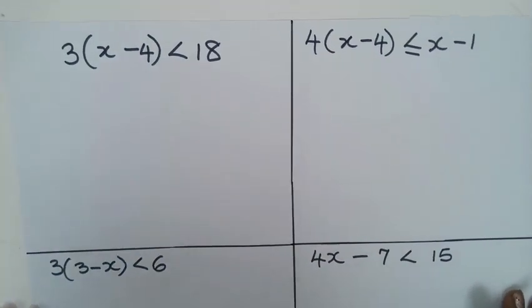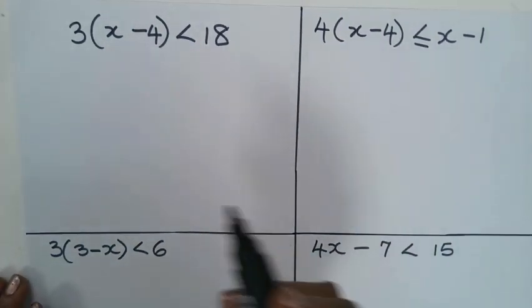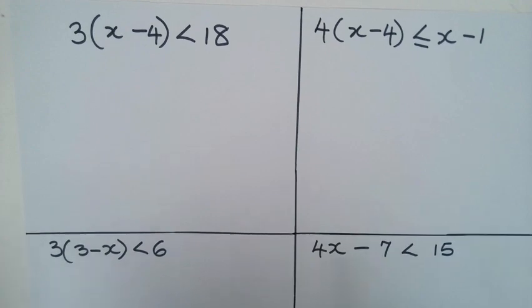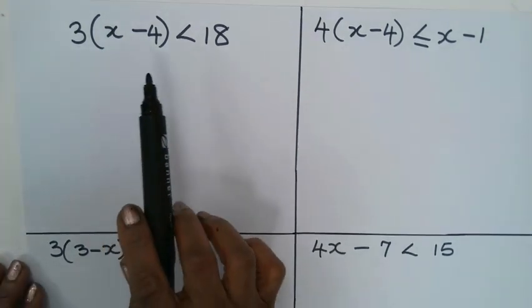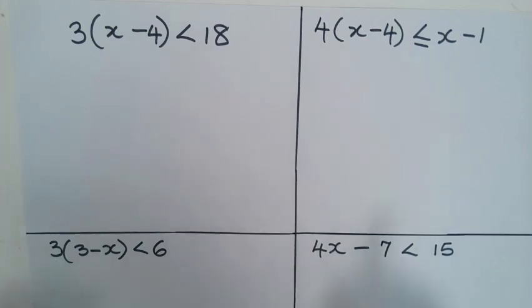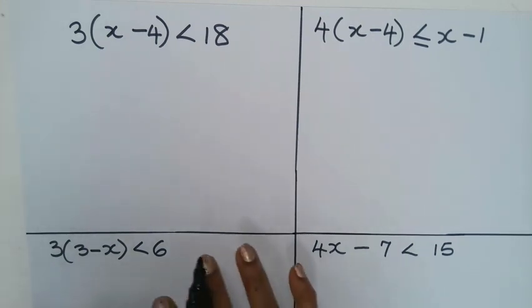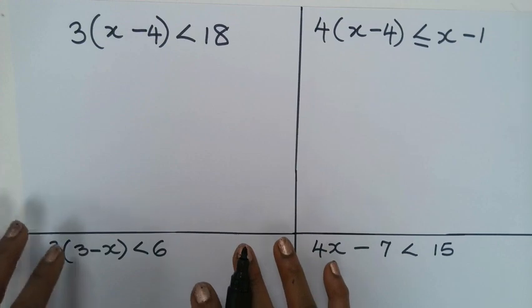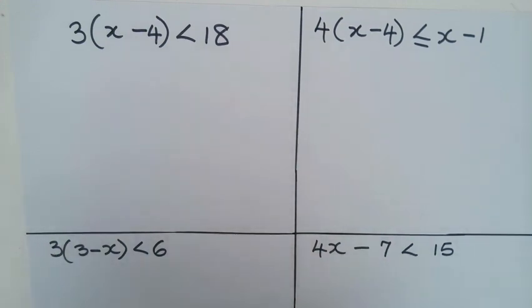Now we've seen the next question, which is 3 in bracket x minus 4 bracket closes is less than 18. And when we finish solving the inequality, we're going to show the answer on a number line. Okay, I'm not going to do the number line when I finish this question, but you'll be able to do that on your own.